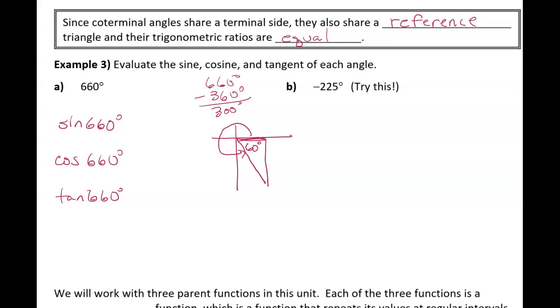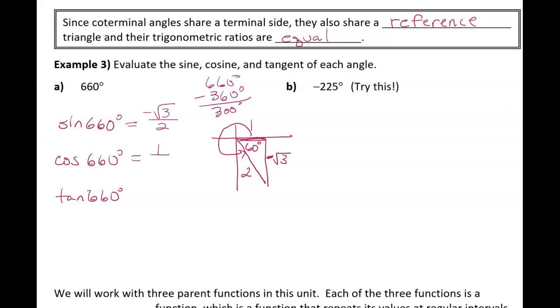And we know that our opposite to the 60 degree angle is square root of 3, the small side is 1, and hypotenuse is 2 for a 30, 60, 90 triangle. But wait, we need to be cognizant of the side that is hanging down there. That's going to be a negative side. So we'll treat our opposite side as negative. So sine is opposite over hypotenuse, negative square root of 3 over 2.